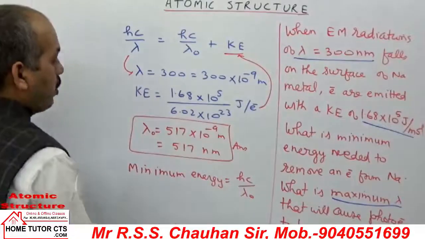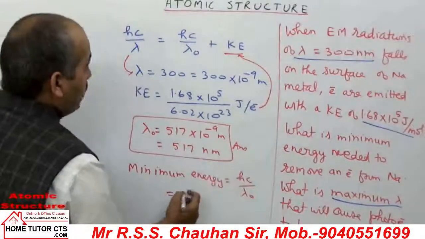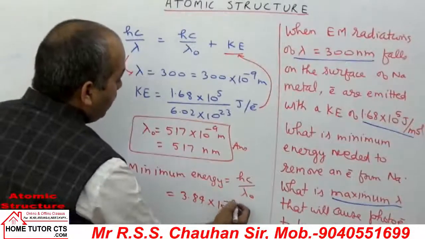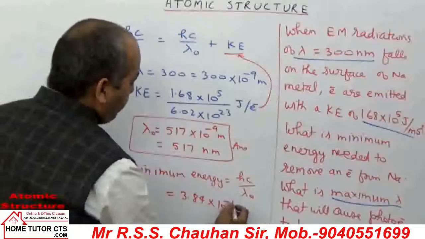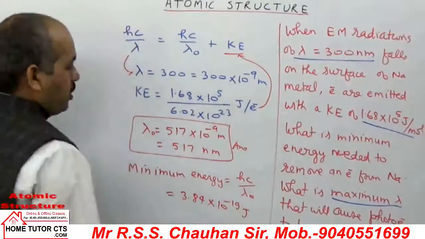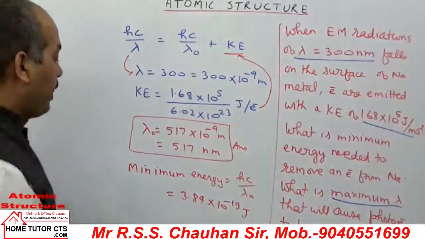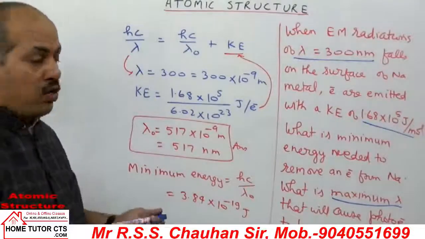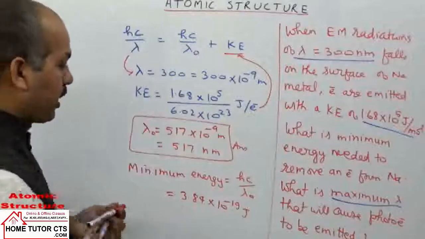When you calculate this value of threshold energy, it is coming 3.84 into 10 to power minus 19 joules. This can be taken as sodium ionization enthalpy as well, in joules per electron. So that is your second answer.